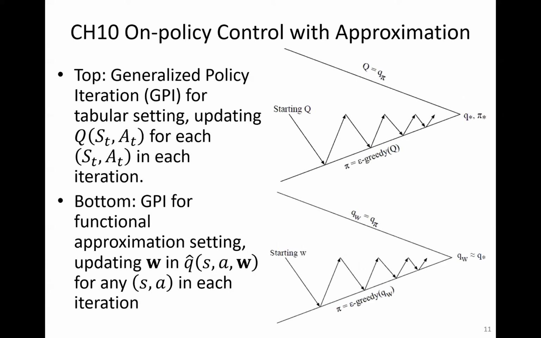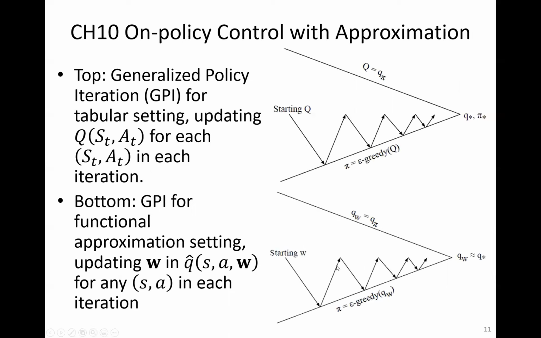In the book's chapter 10, it talks about on-policy control with approximation. We saw this figure before, generalized policy iteration for the tabular setting, updating the Q for each state-action pair, each iteration, based on a table.